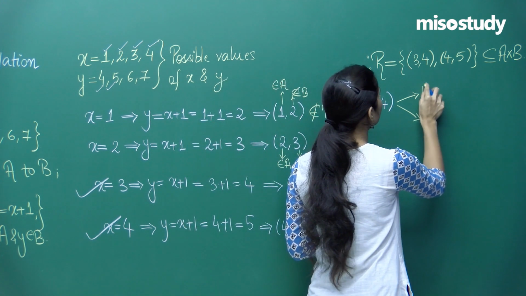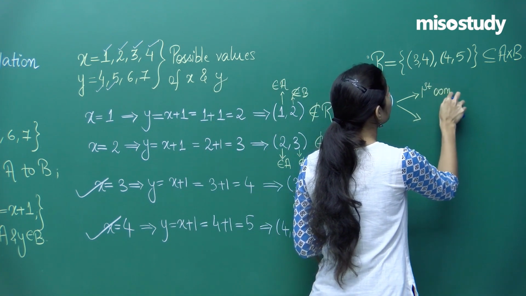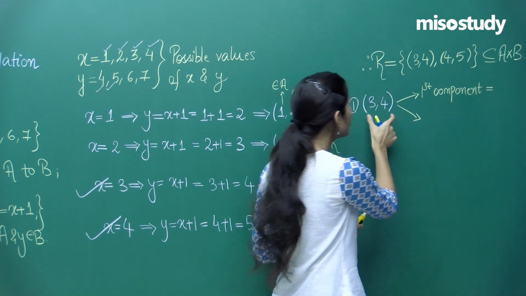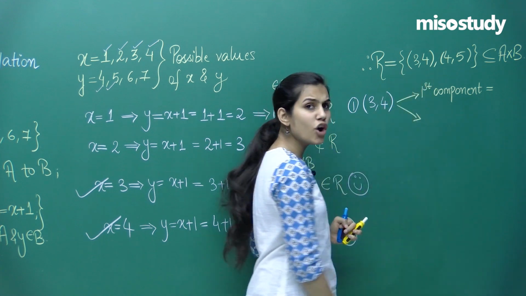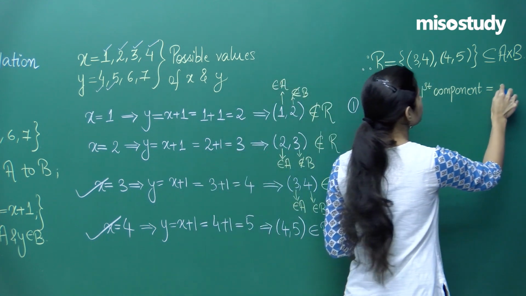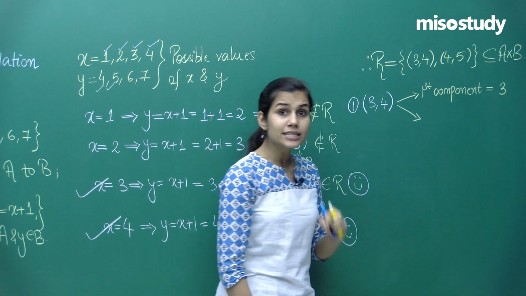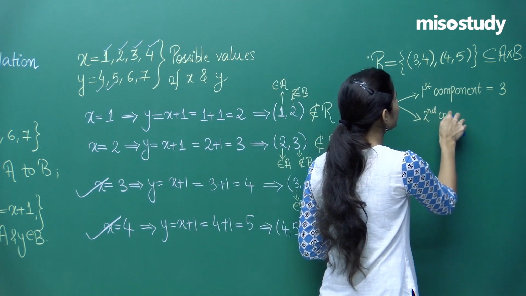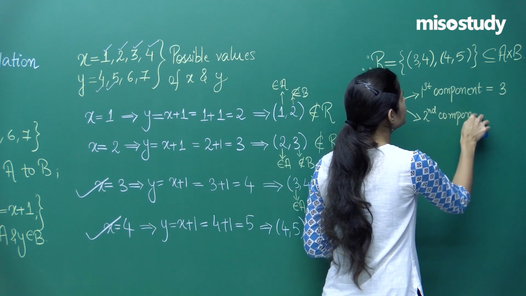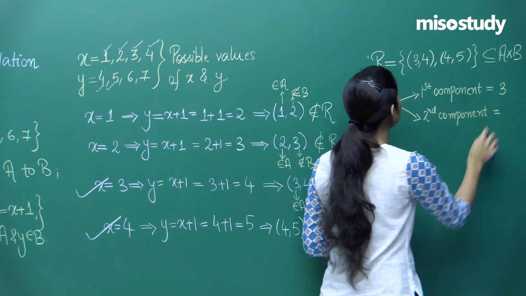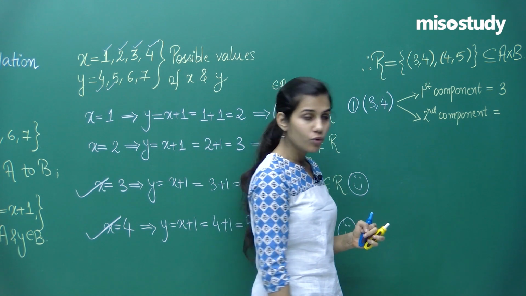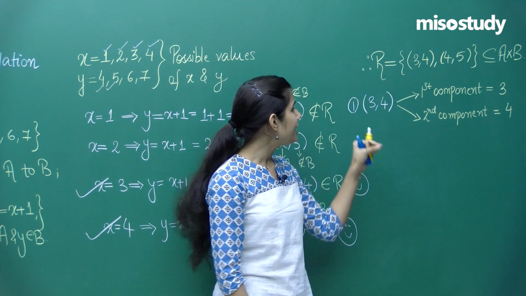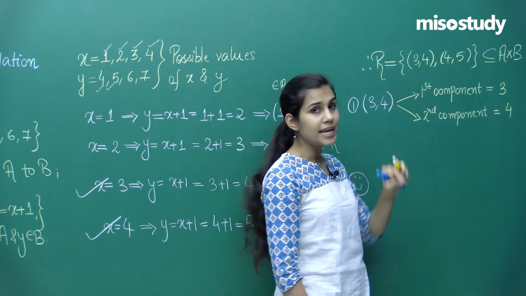The first component of this ordered pair, which is a member of R, is 3. What is the second component? Well, the second component which is making this ordered pair sitting at the second position is the number 4. This completes my study of the first element of the set R.